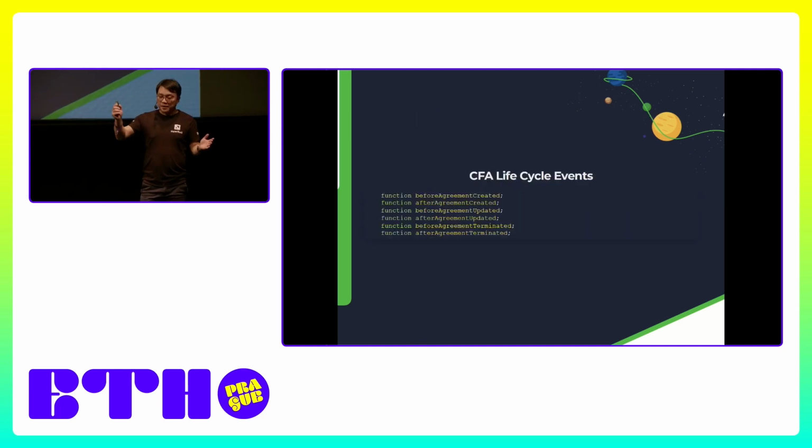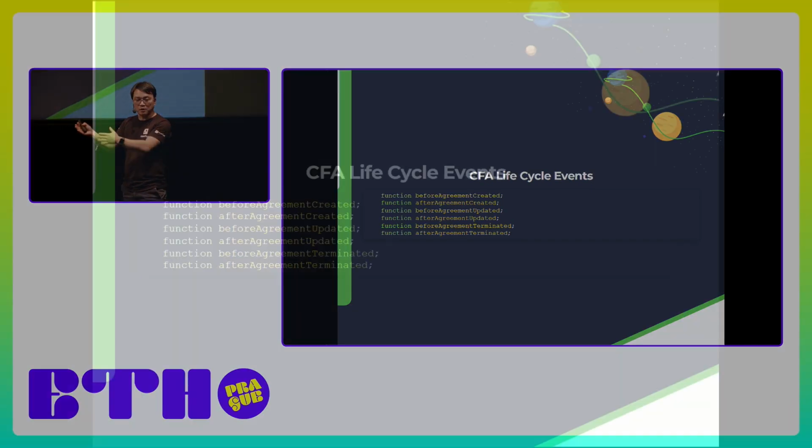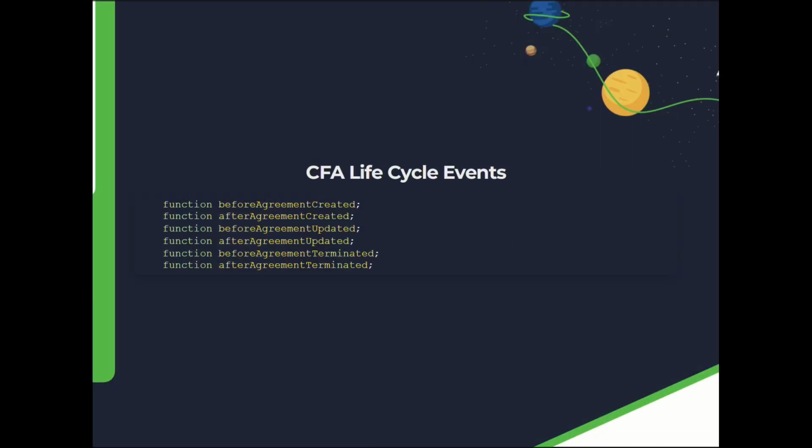So that's the agreement in a nutshell. There are life cycle events for these ongoing relations between accounts, right? Let's use a CFA, the constant flow agreement, as an example. When you send a flow, a stream of money to another account, that's when the agreement is created.